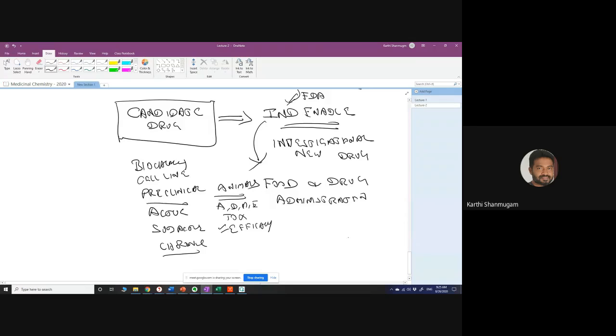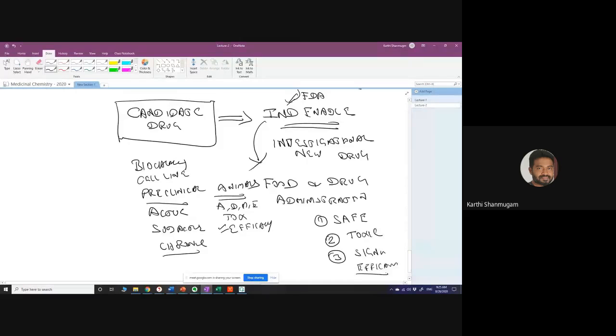Two criteria they will look at. One, your data should convince them that the molecule is very safe on animals. Second, your data should convince them that it has very little toxic effect or no toxic effect. And thirdly, they will look at whether your molecule has significant efficacy to control the disease in animals.